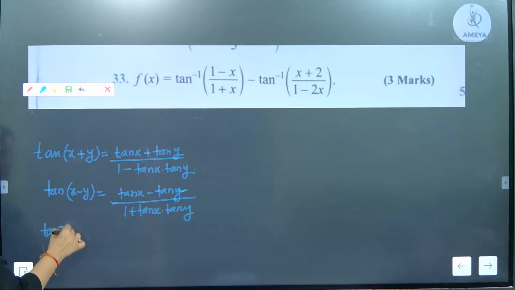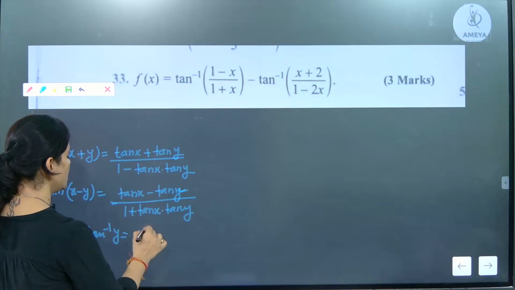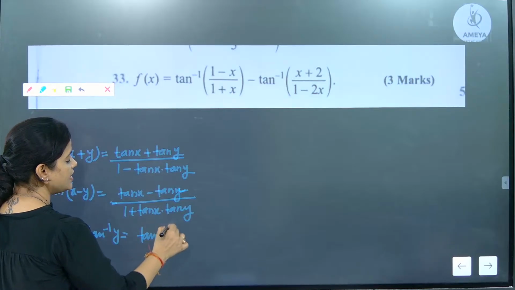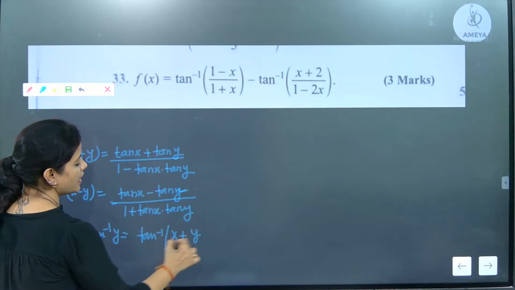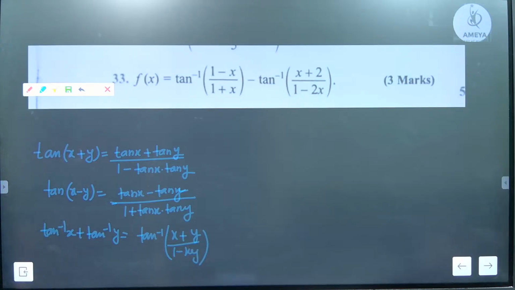It is written as tan⁻¹x + tan⁻¹y = tan⁻¹((x + y) / (1 - xy)). This is for plus.